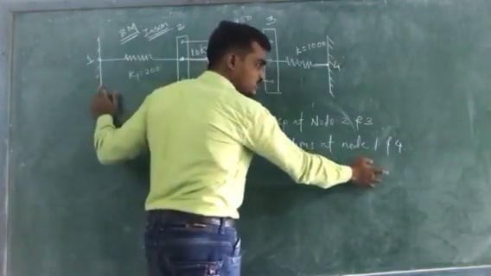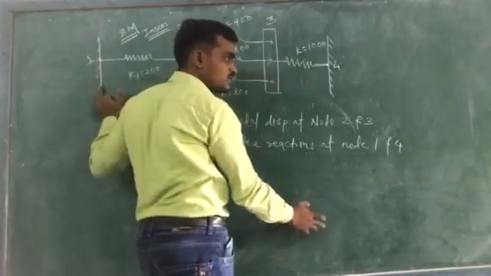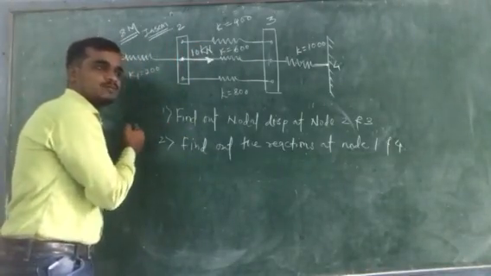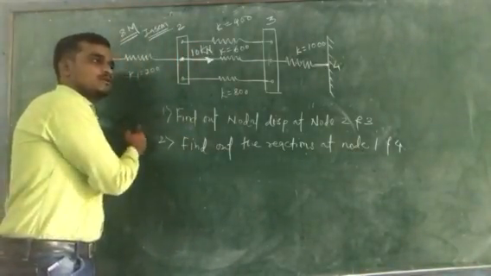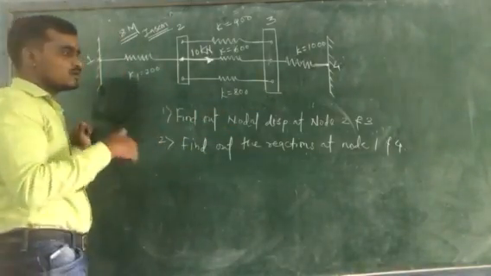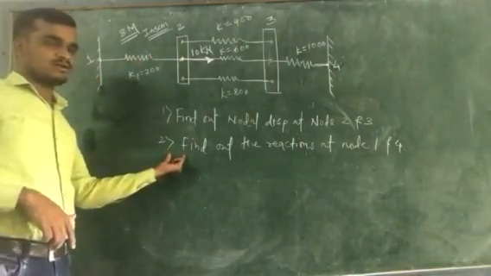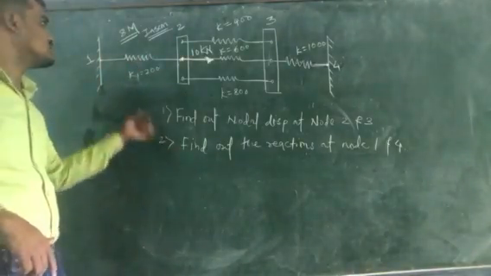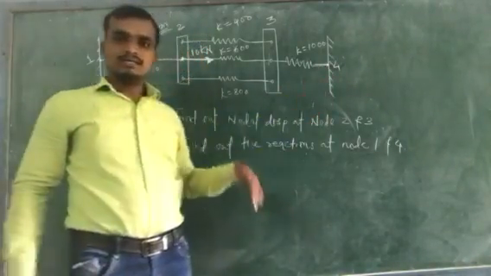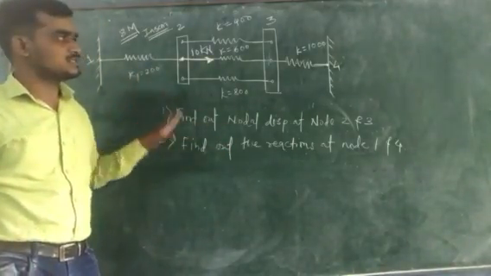Similarly, U4 is equal to 0, so eliminate the fourth row and fourth column. In this way you will get only 2 equations remaining. By using these 2 equations you can find the values of U2 and U3, and then by using the force equations you will get the reactions at node 1 and node 4. So this is the procedure to solve spring system problems.